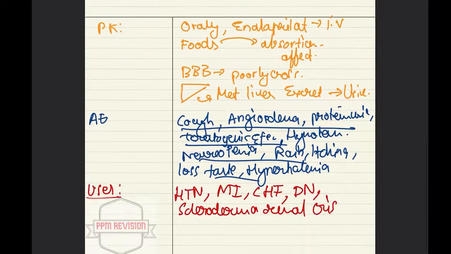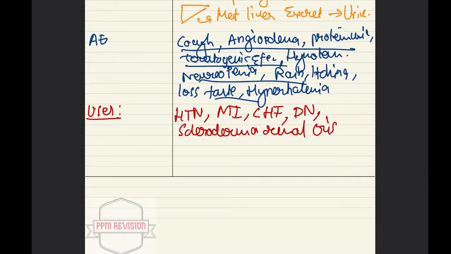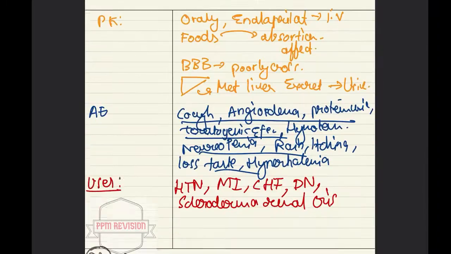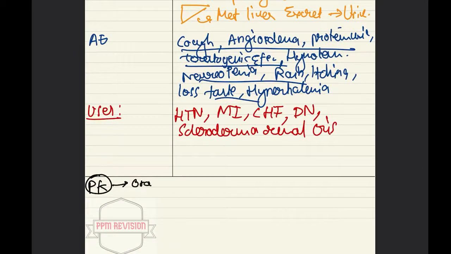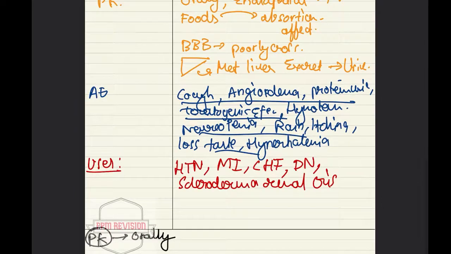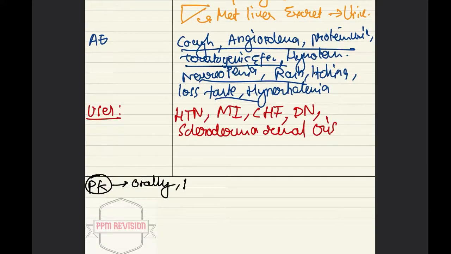So we are done with this page and we'll quickly recap them here. So I'll use black. So we had just read what is the PK, that is pharmacokinetics. We have discussed that it is mainly taken orally, and it poorly crosses the blood-brain barrier. And the excretion part, it's as usual.